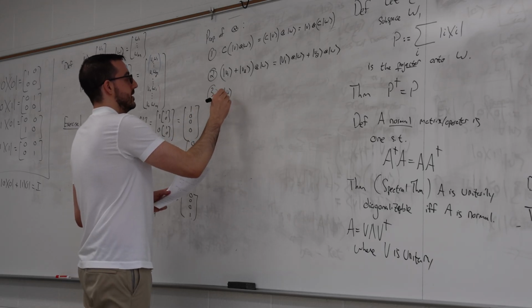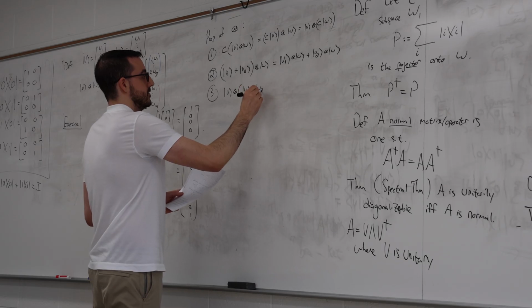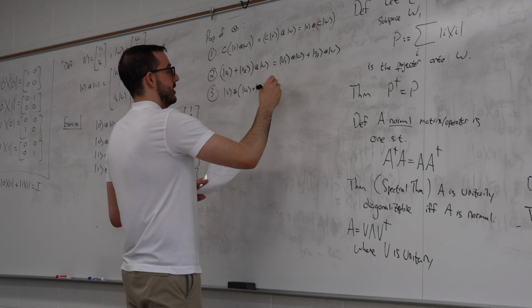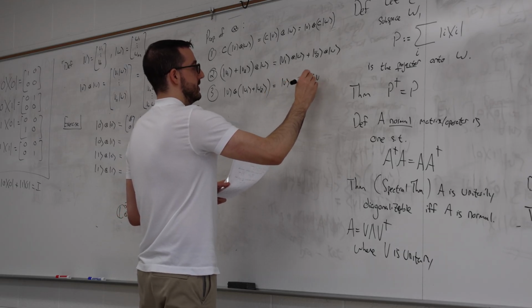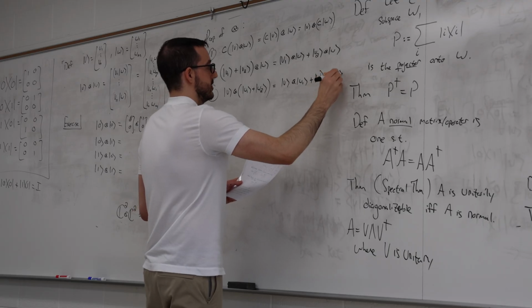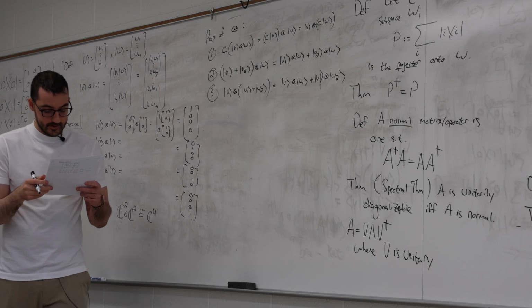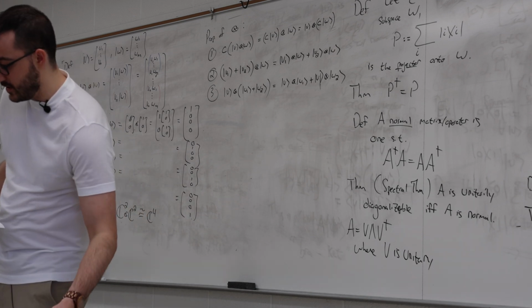So v tensor (W1 plus W2) is going to be equal to v tensor W1 plus v tensor W2. Okay, so three nice properties. You should be able to prove these from the definition that I gave you.